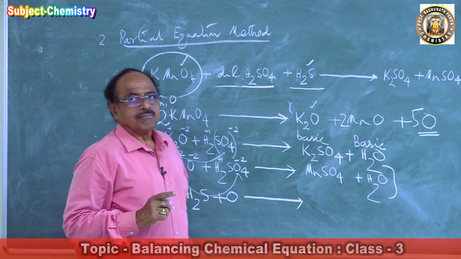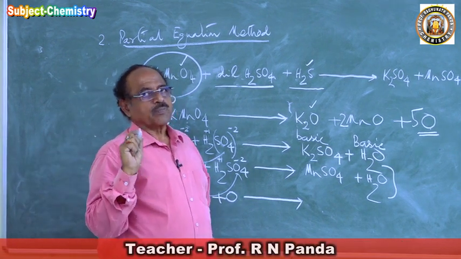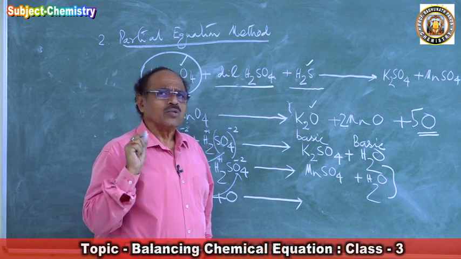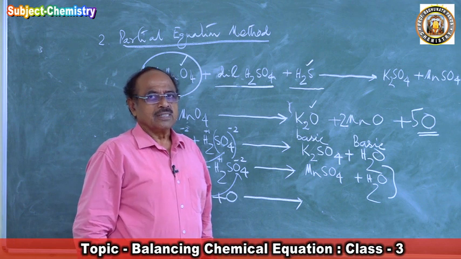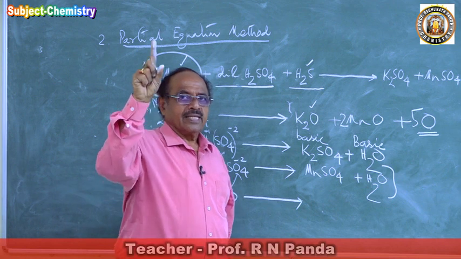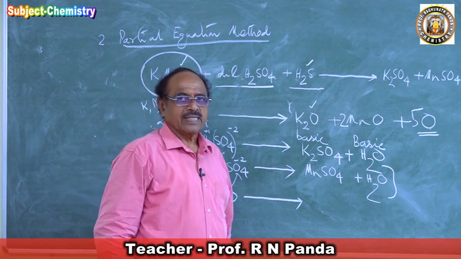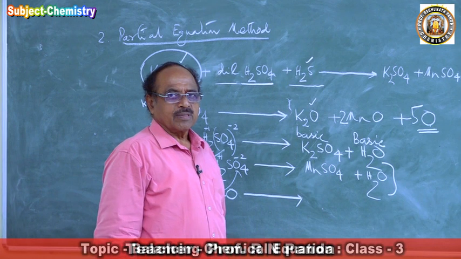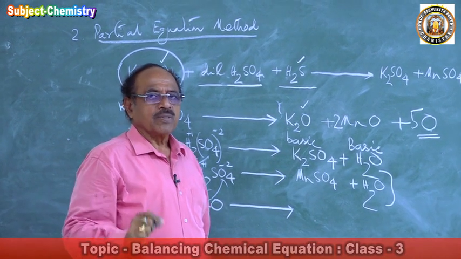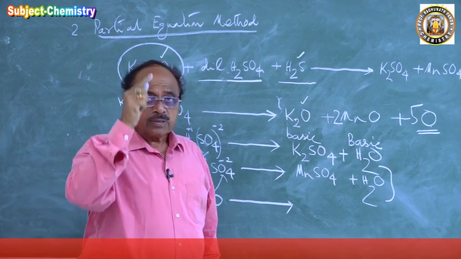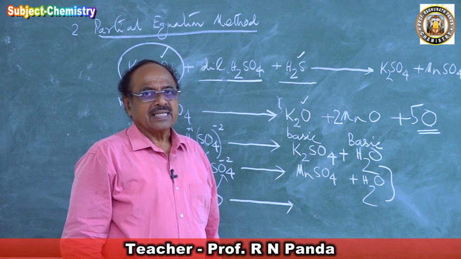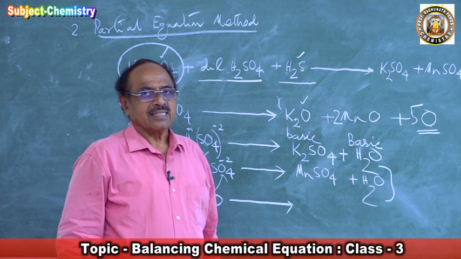Children, I told you, all in one is our periodic table. Anywhere, anything you want to know, ask him, he will give you. Now how will the reaction take place here? If you go to 6A, that is group 16 of the long-form modern periodic table: oxygen, sulfur, selenium, tellurium, polonium. What I told you, down the group, positive character increases and negative character decreases.